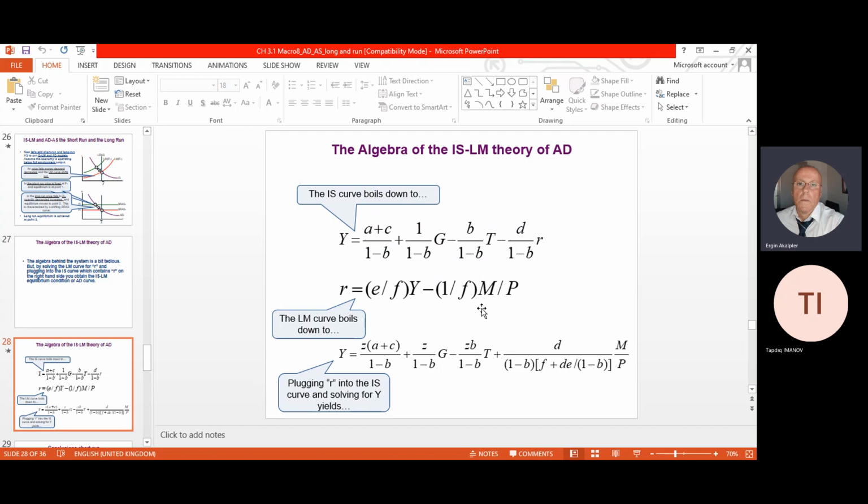And in the middle, R is given, the so-called real interest rate, for the output, which is subtracted from the real money supply.